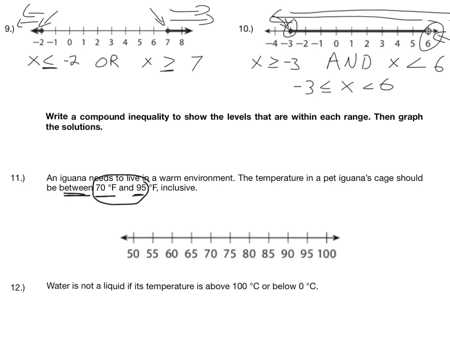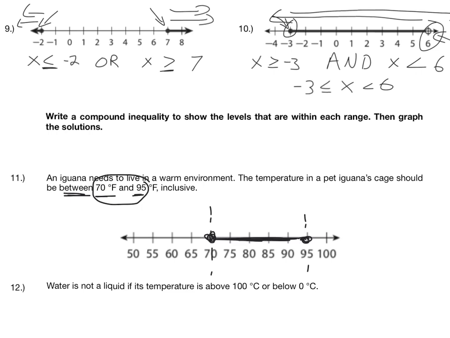I'm going to have two set limits. An iguana can't be in an environment at 65 degrees, and an iguana can't be in an environment that's 100 degrees, right? I only care about this area right here.